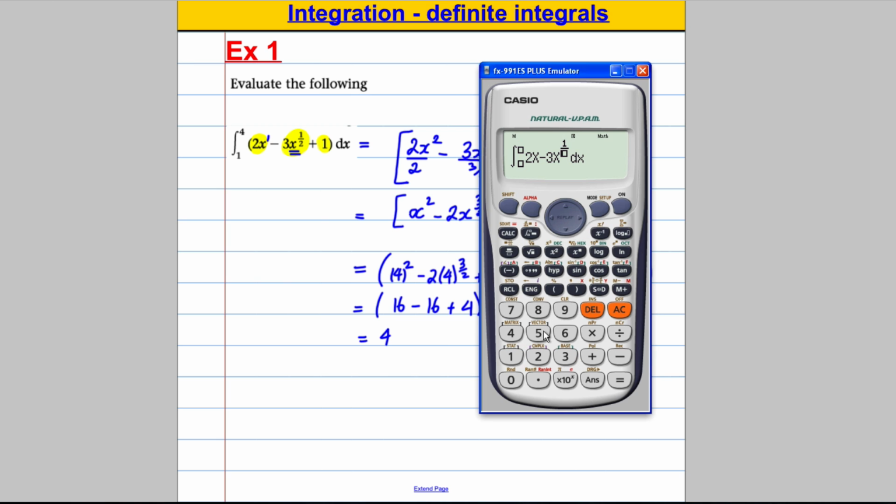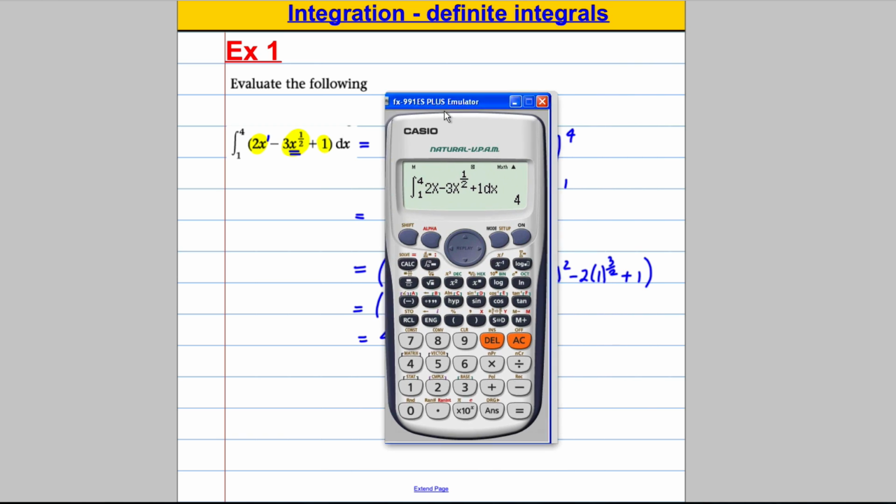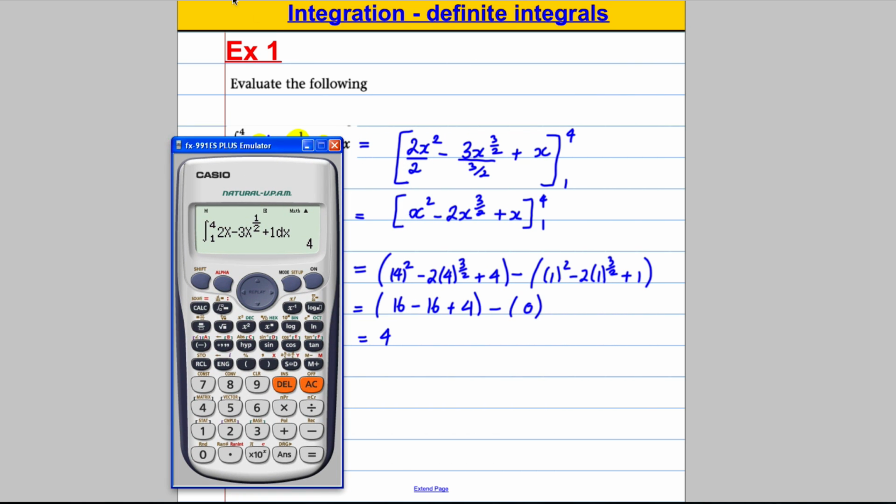Come out of that, come out of that, plus 1. That was our integrand, and we were going between 1 and 4. Hit equals, and it tells you the answer's 4.